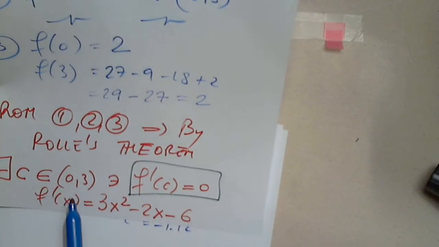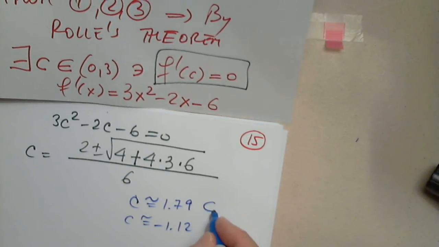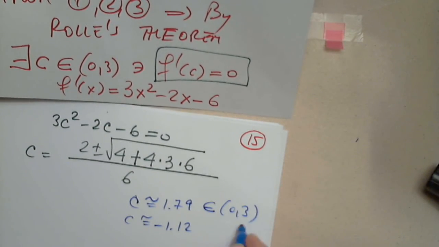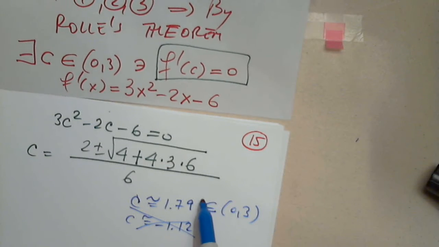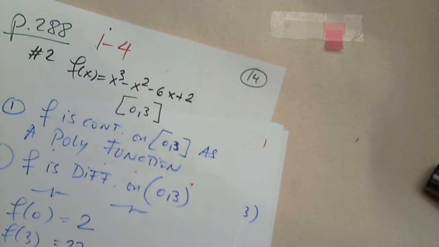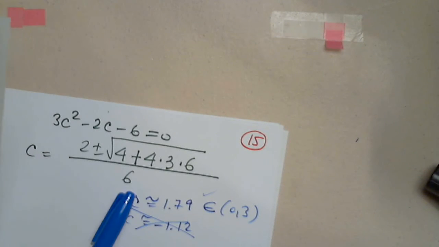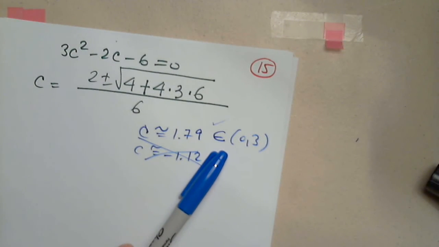Remember, we are talking about at least one in the interval (0, 3). This is in the interval (0, 3). This isn't, but at least one is guaranteed by Rolle's theorem. So why is this helpful? Now I know that between 0 and 3, the function has a point of extrema. Point of extrema means max or min.